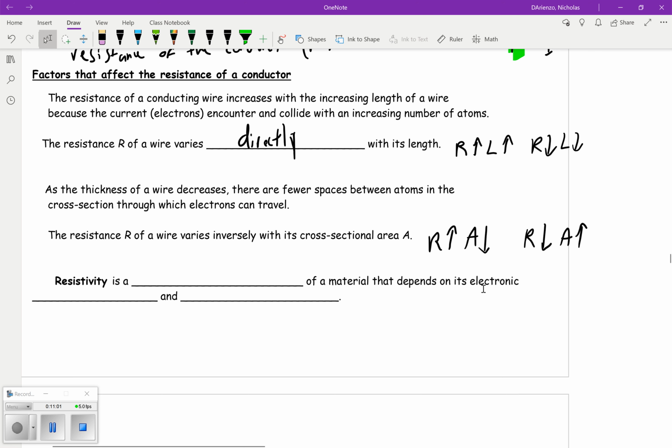Now, resistivity itself is an actual property or characteristic of a material that depends on its electronic structure, how its atomic structure is set up, and its temperature.